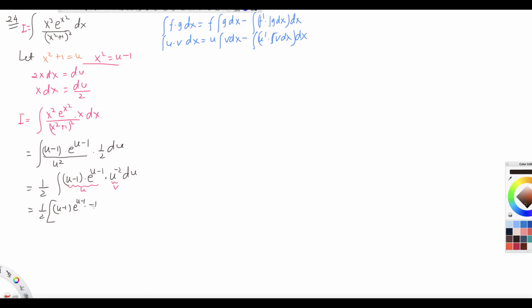That is u to the negative 1 over negative 1, so if you move that, you get negative 1 over u. That's what you get, okay, guys? And then minus the second term there.